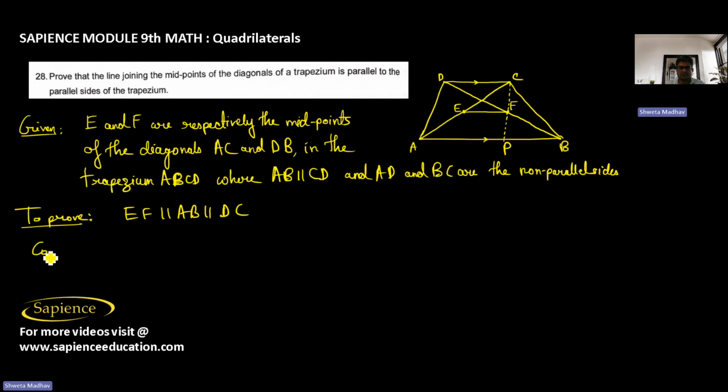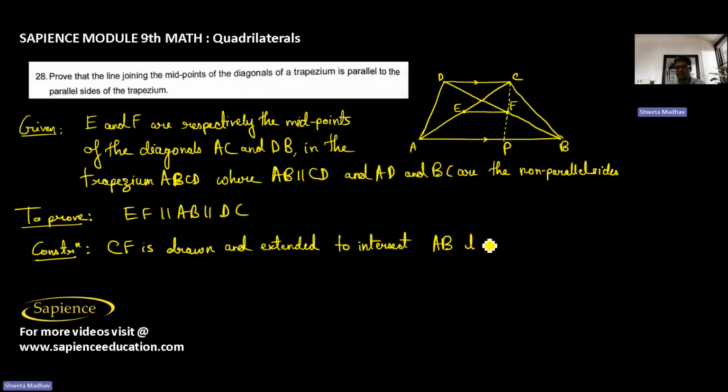So we have to draw one construction. Construction is: CF is drawn, line segment CF is drawn and extended to intersect the line AB at the point P. Then we have to prove it. So write the proof like this.